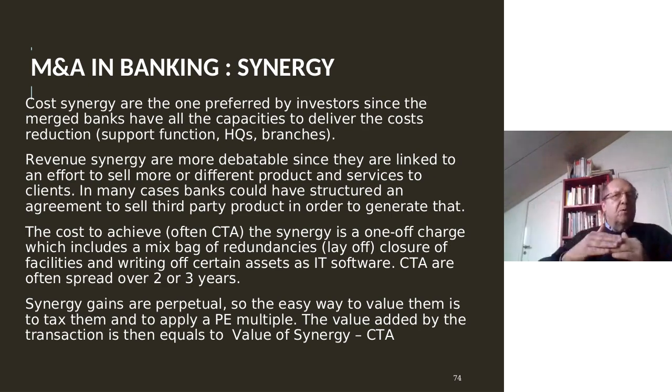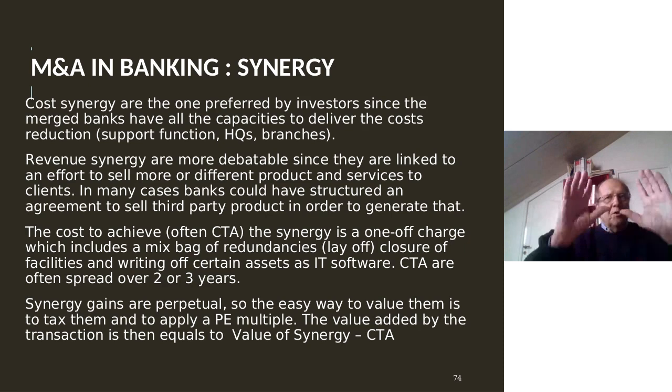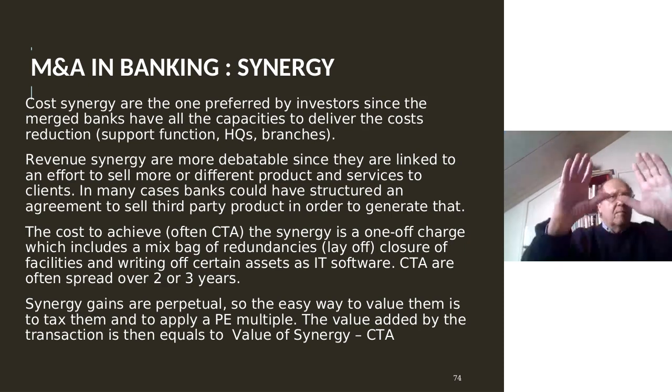So imagine that the valuation of the bank in your country is 12 times. It means that the 200, you will value them after tax, but we forget the tax for the time being. You will value them 12 times, which is quite nice, because 12 times 200, that's 2,400.